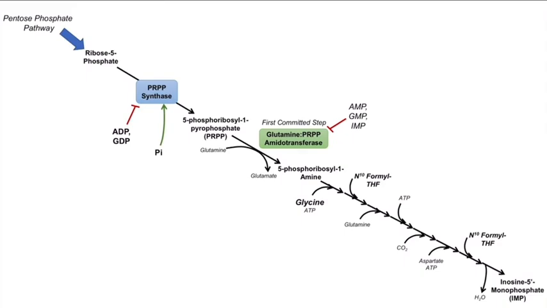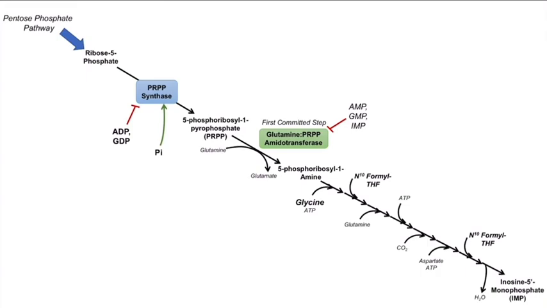You may want to look this up on your own to see each step, but the important point is what is required for the purine synthesis pathway. Glycine, glutamine, aspartate, N10-formyl tetrahydrofolate, and a couple of ATPs are all required for the production of IMP, or inosine 5' monophosphate.